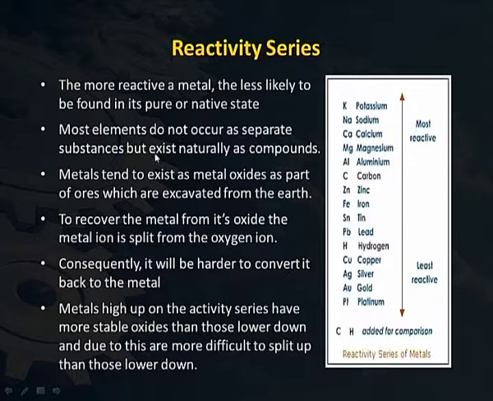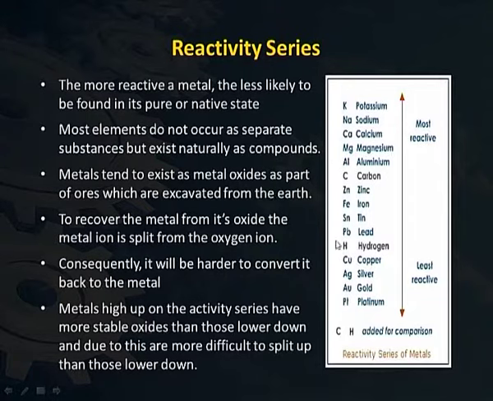Most elements do not occur as separate substances, but they exist naturally as compounds. So metals tend to exist as metal oxides as part of ores which are excavated from the earth. To recover the metal from its oxide, the compound has to be split and the metal has to be separated from the oxygen ion.